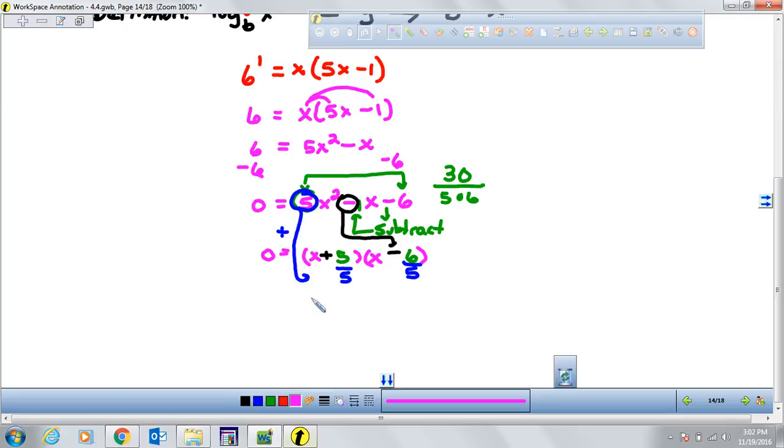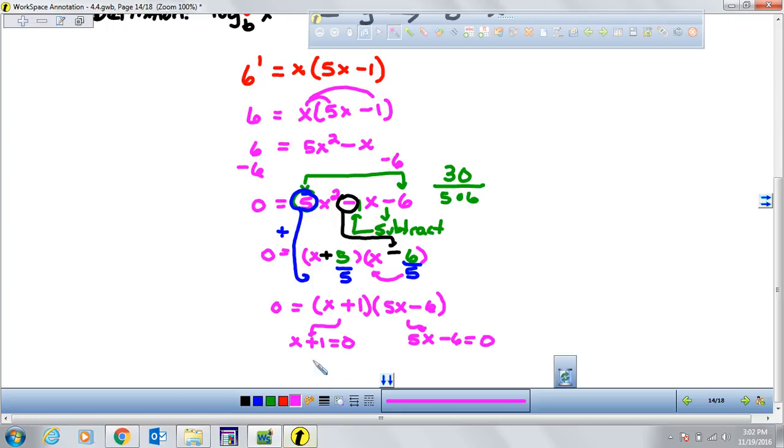And that is going to give me x plus 1 in the first parenthesis, 5 divided by 5. And the second one, since you cannot divide by 5, then you're going to bring the 5 in front of the x. Since you cannot simplify this fraction, automatically this becomes 5x minus 6. And then we equal each one to 0 and we find the solutions for x. x plus 1 equals 0. 5x minus 6 equals 0.